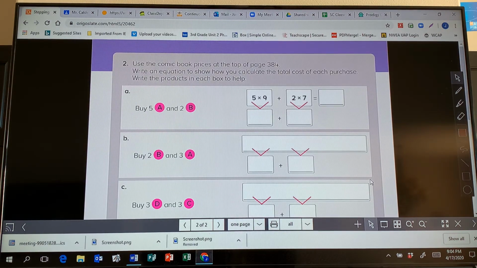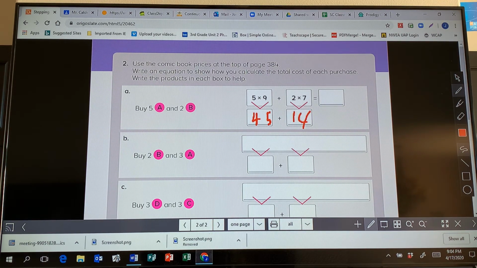Now, if we were to take this problem and break it into two parts, look at this right here. 5 times 9 is 45. And then 2 times 7 is 14.